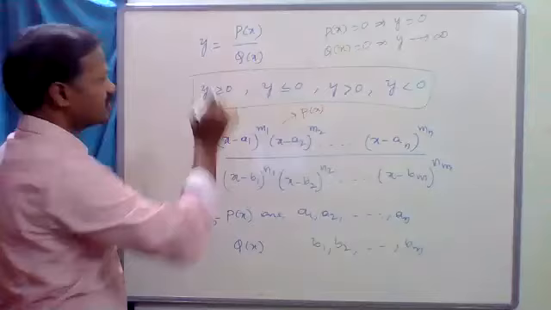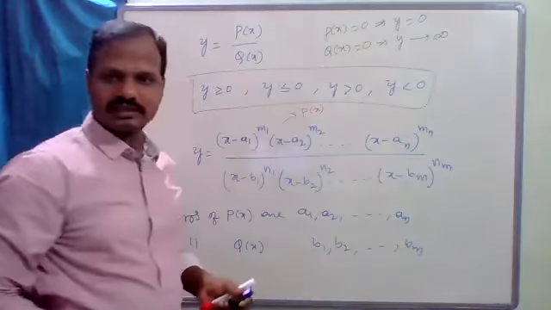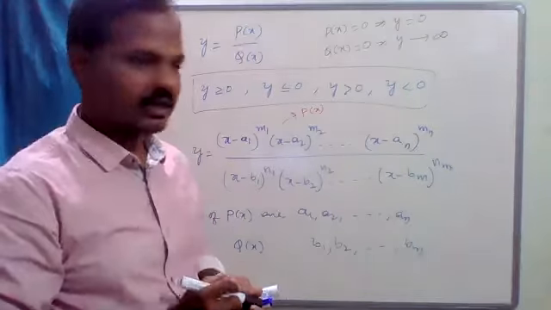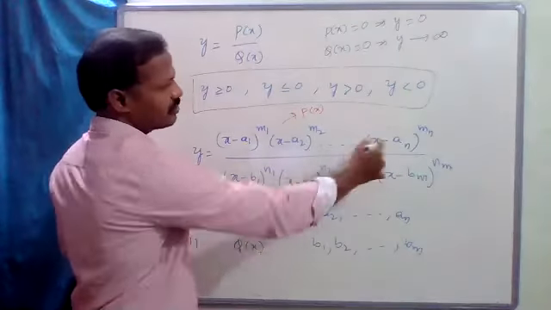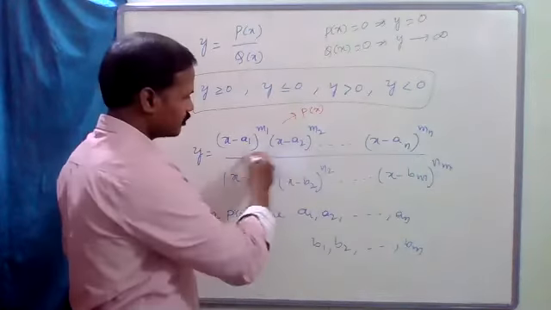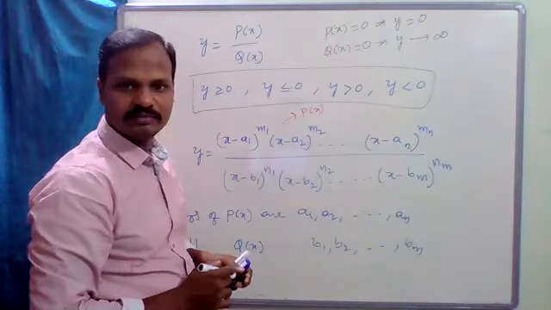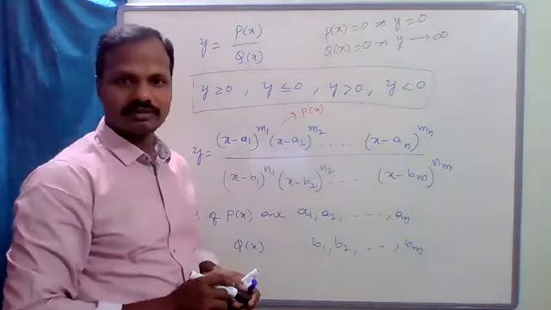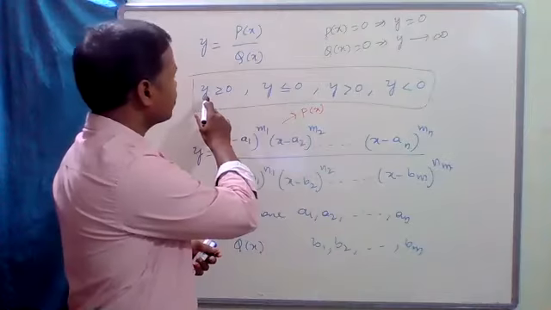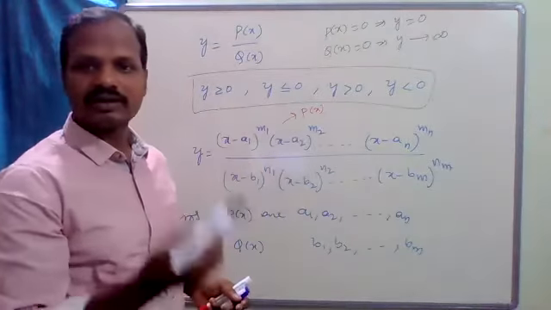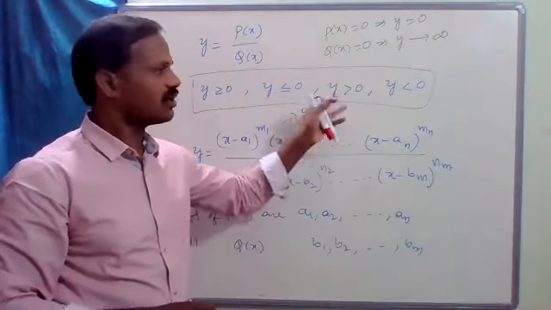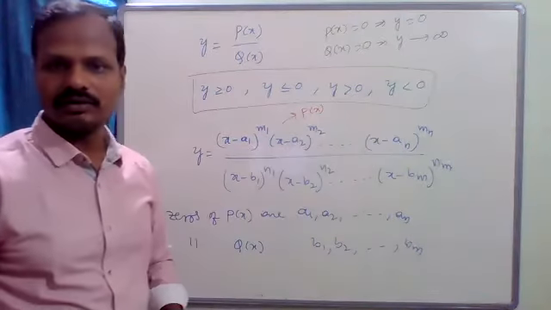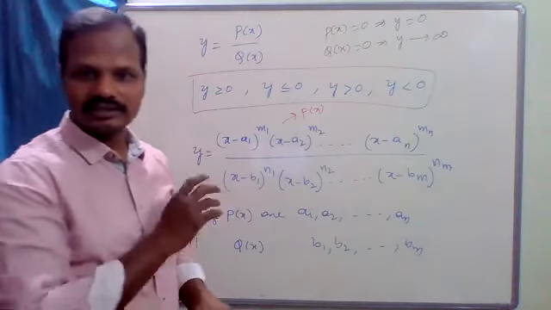So to find this solution, in this case, you have to use the wavy curve method. Because if you have a lot of zeros for a given expression, to find y greater than or equal to 0, y less than or equal to 0, y strictly greater than 0 and y strictly less than 0, it is difficult to find by the general method.